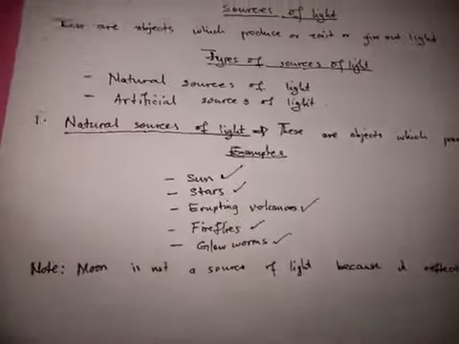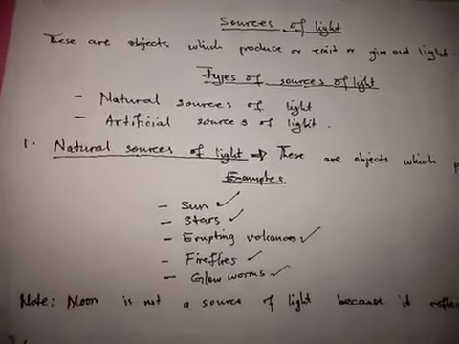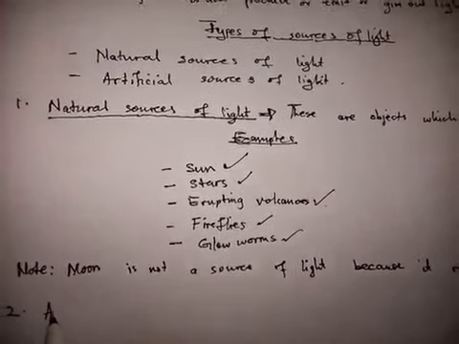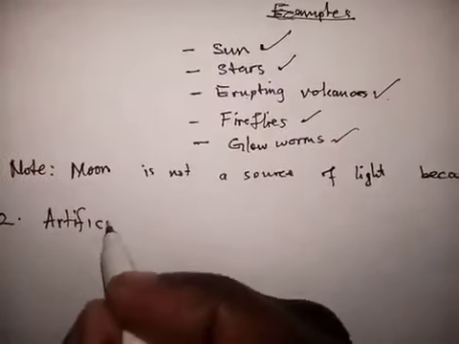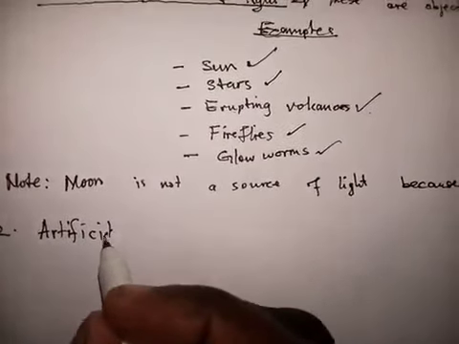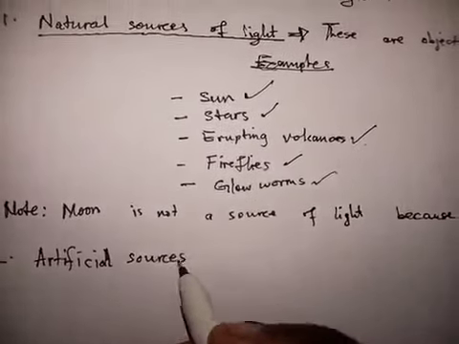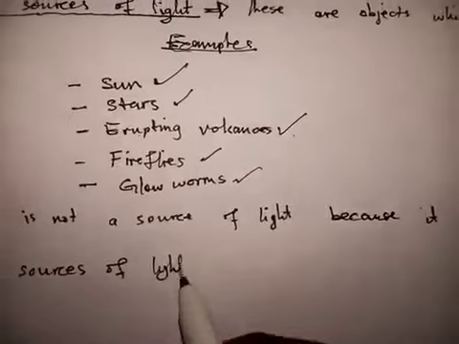After natural sources of light, we go to the second type of sources of light, which we have called artificial sources of light.